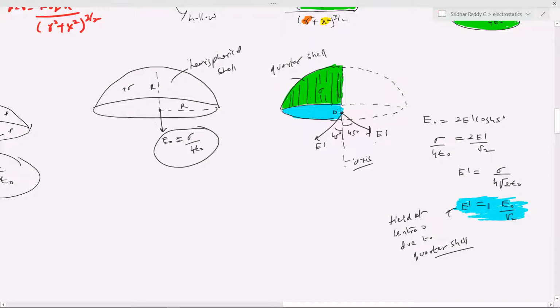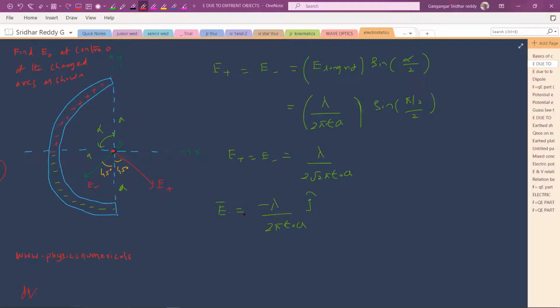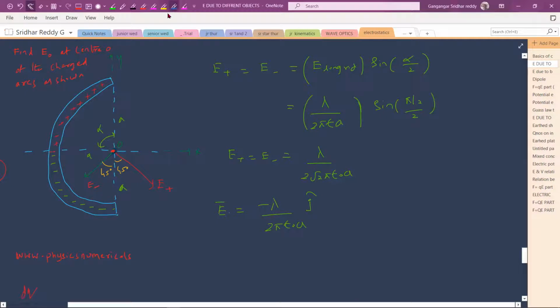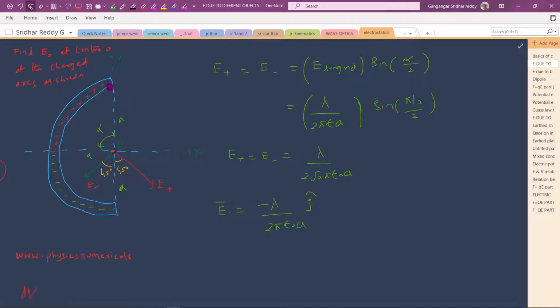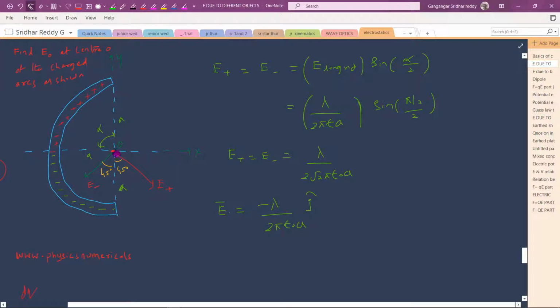Now, there's a very famous problem that can be asked. Just remember the method here. We have to find out the field strength at the center of this charged semicircular ring, where one quarter is charged positively, the other quarter is charged negatively.